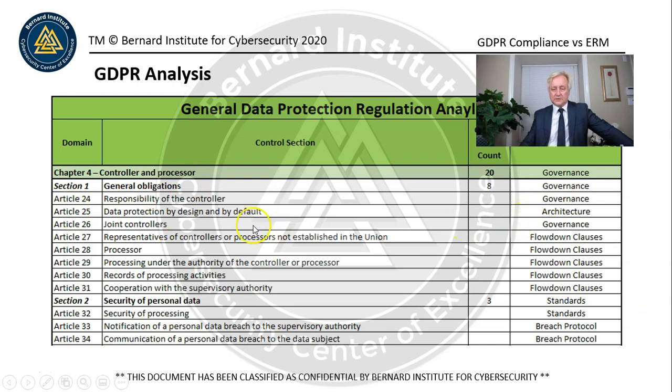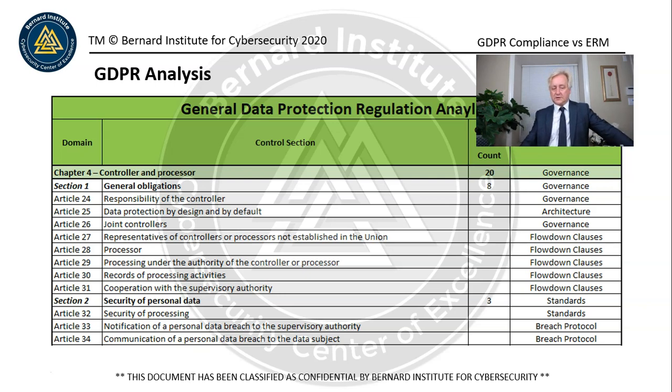Joint controllers, this is talking about governance, about a group of people who might be working on the same type of information, who might have different responsibilities for that information. Representatives, controllers, and processors not established in the union. So we need to have some flow down clauses. So anybody that's outside of our organization that we don't have direct authority over, we need to somehow build authority into our agreements with those people.